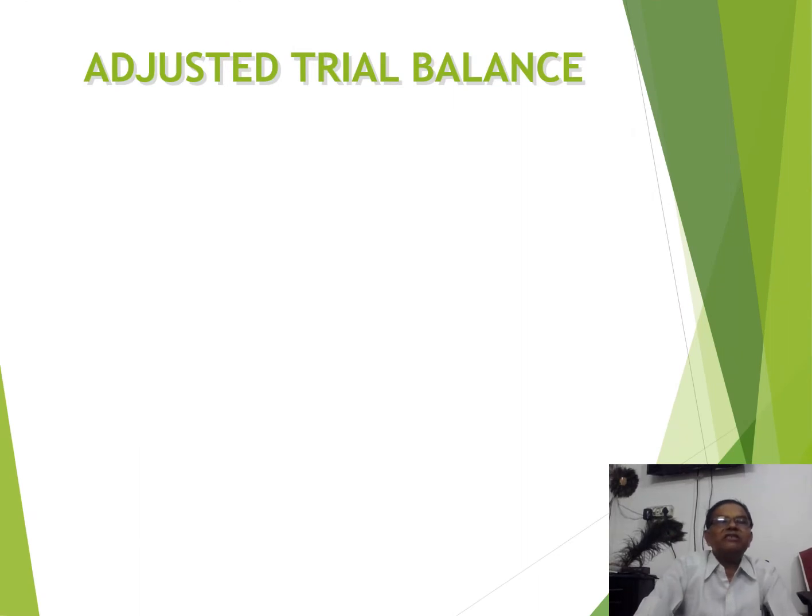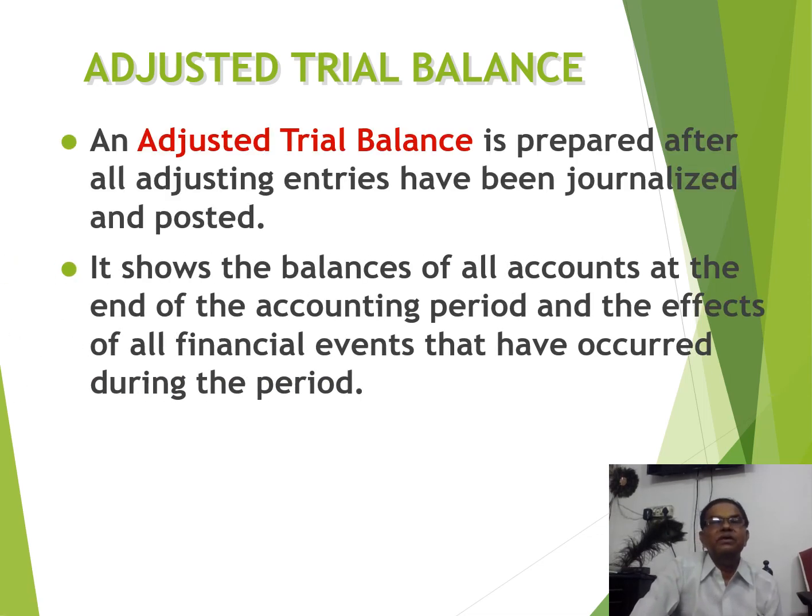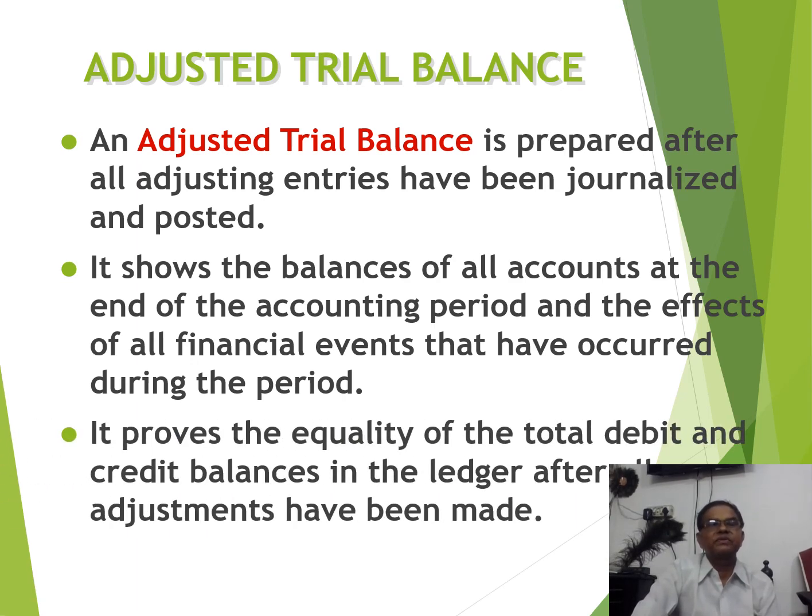So now the last one is the adjusted trial balance. After adjusting entries, we post to the ledger and make the adjusted trial balance. It is prepared after all the adjusting entries have been journalized and posted. It proves the equality of the total debit and credit balances in the ledger after all adjustments have been made.